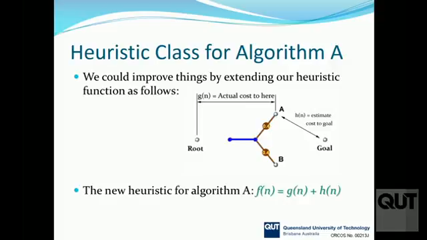So it tries to strike a balance between going deep and going broad. That is, it tries to strike a balance between exploitation and exploration. This is a fundamental dichotomy in artificial intelligence: exploration, which is the breadth of your search, and exploitation, which is the depth of your search.